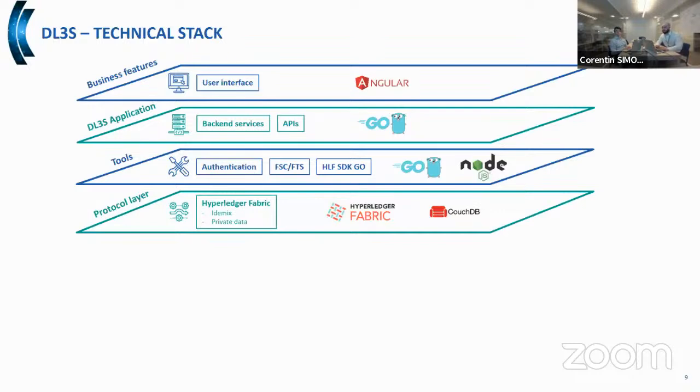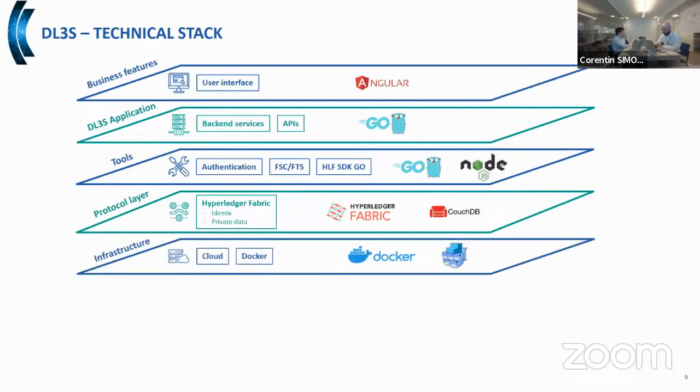We are also using a form of private data to allow sharing of private but verified information between different parties. We are using Raft as consensus for the ordering service part, and CouchDB as world state for rich queries. And finally, all those things are deployed on cloud infrastructures in Docker containers that are orchestrated via Docker Swarm.